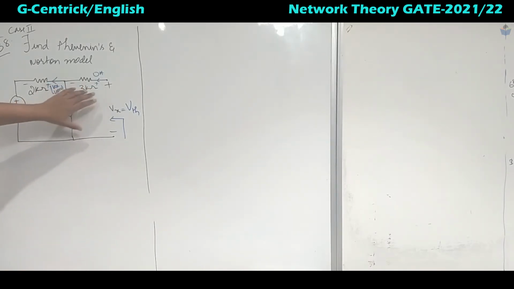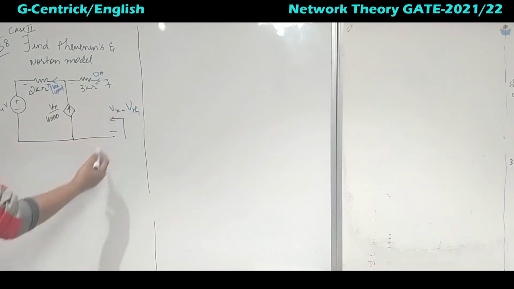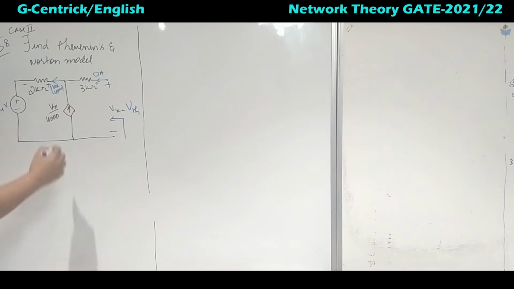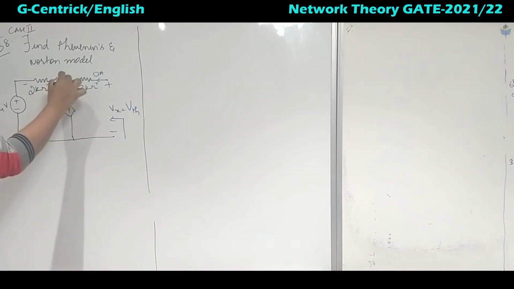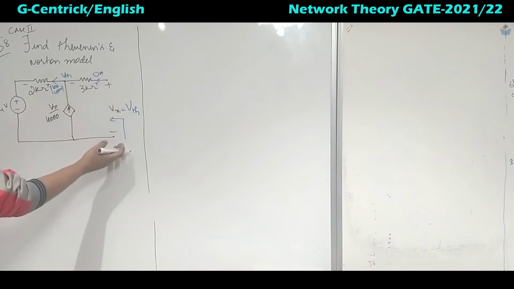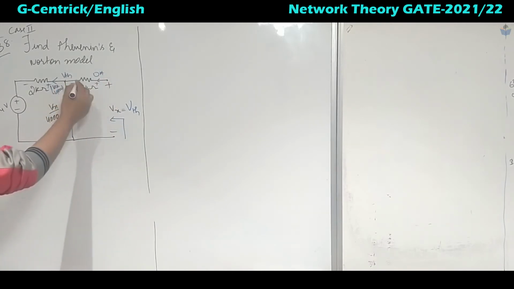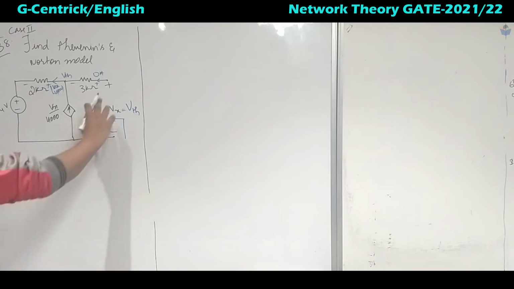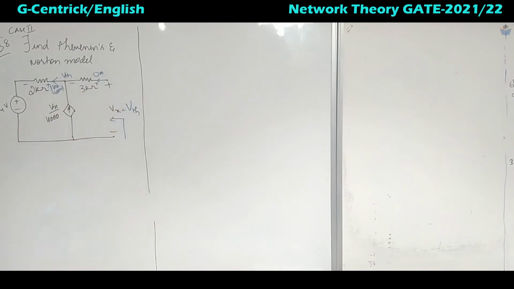So 0 ampere is here, Vx will be equal to Vth. So now I can write the equation using nodal analysis to find the Vth. Since it is 0 ampere current, there is 0 voltage drop. That is why whatever voltage is here, it will appear over here and this will be Vth.